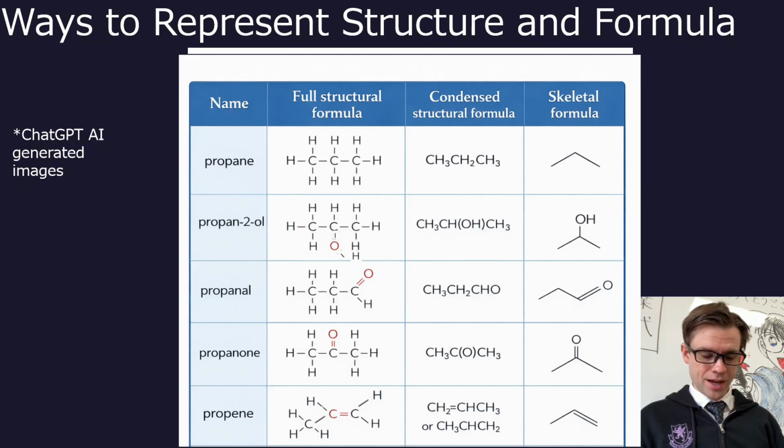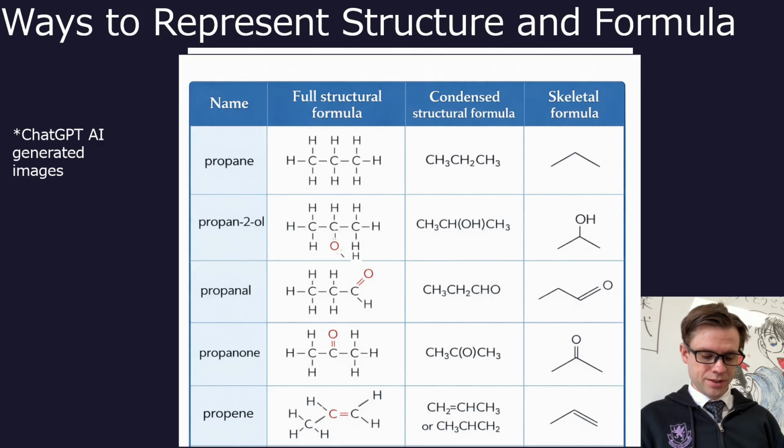Then next, propanal, CH3, CH2, CHO. And the skeletal formula is like a zig, zag, zig again, but this time a double bond to an O, which is labeled explicitly. So 3 carbons, 1 oxygen.